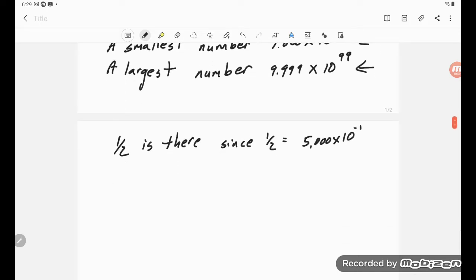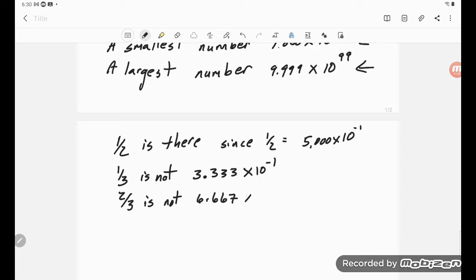So I can represent that just fine. 1/3 is not, because 1/3, the best I could do would be 3.333 times 10 to the negative 1. 2/3, similar, is not, because that would be 6.667 times 10 to the negative 1. That's as close as I could get to 2/3.